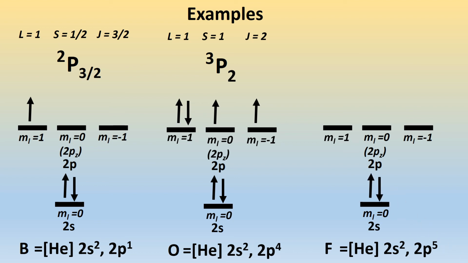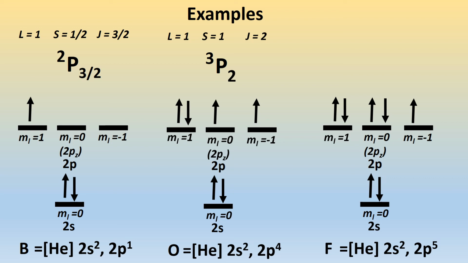And again, adding the electrons properly, with no orbital having more than 2, and nobody having 2 until everybody has 1, we find oxygen has 2 unpaired electrons.